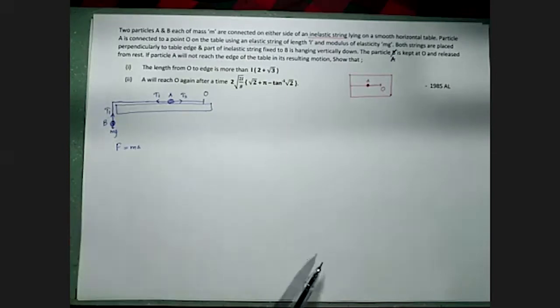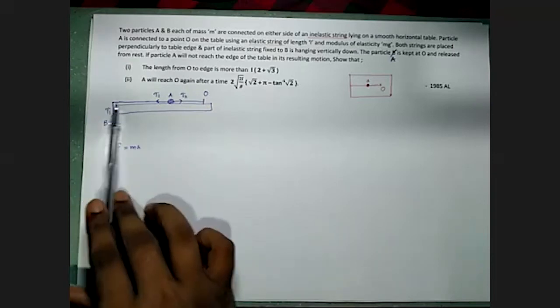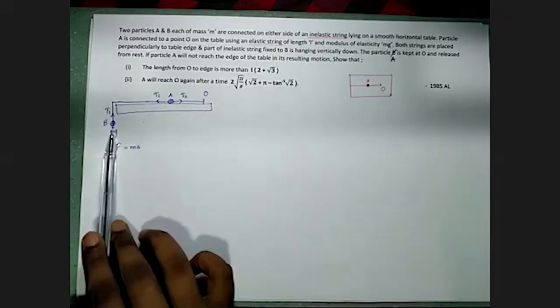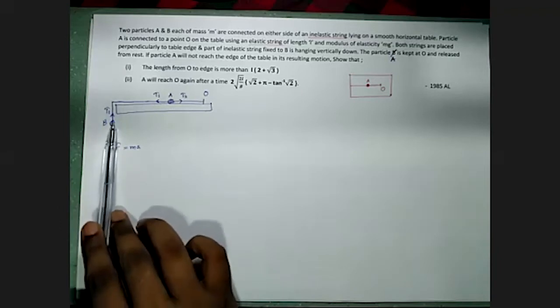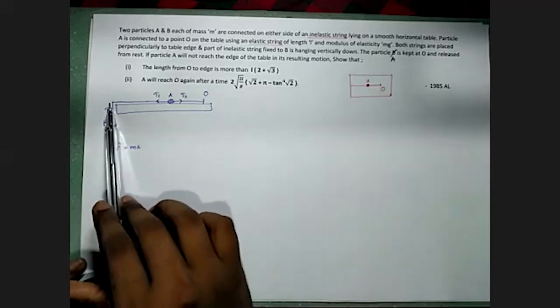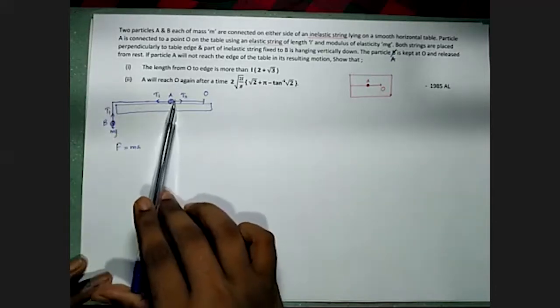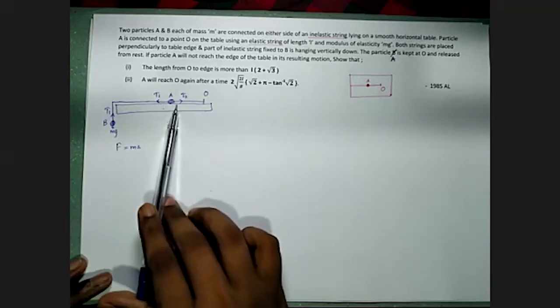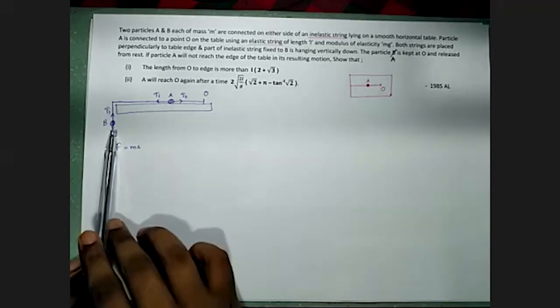You can't take it as gravitational acceleration because it is connected with A. If it is just connected to a ceiling and released, it will move without the effect of a different particle, without the effect of the string.